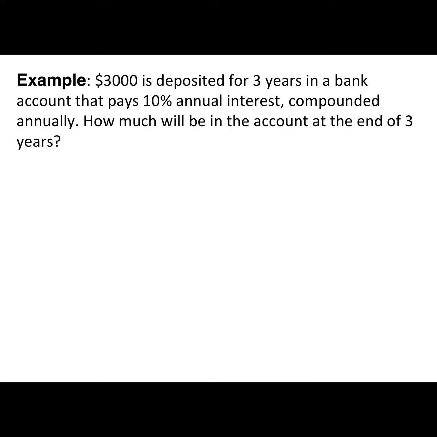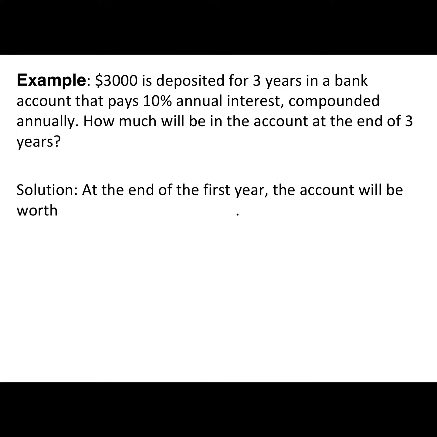Suppose that we invest $3,000 into a bank for 3 years that pays 10% annual interest compounded annually. How much will be in the account at the end of 3 years? Well, at the end of the first year, we get interest, right? So at the end of the first year, let's plug into the simple interest formula. A equals P times (1 plus RT), where here my principal was $3,000.